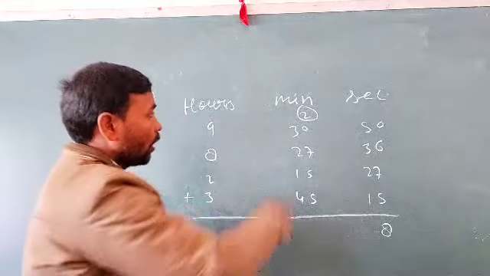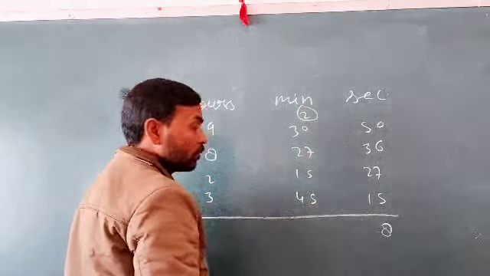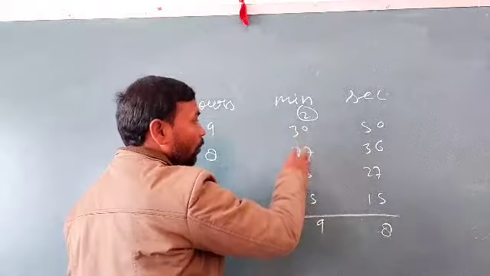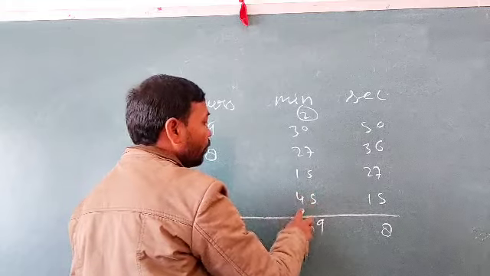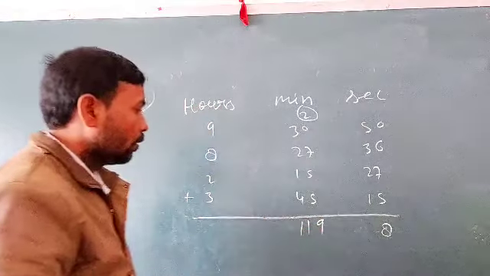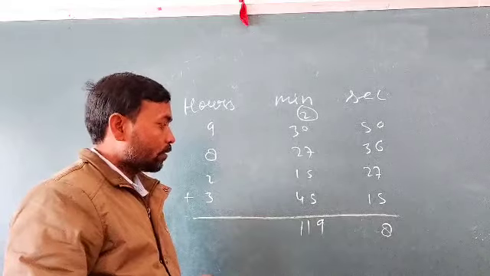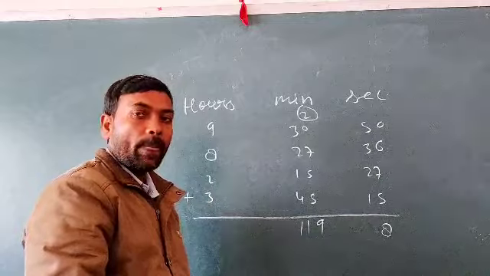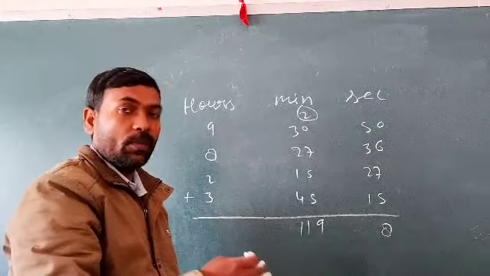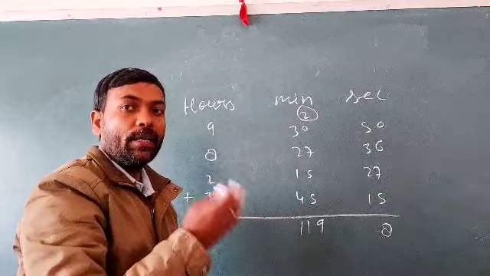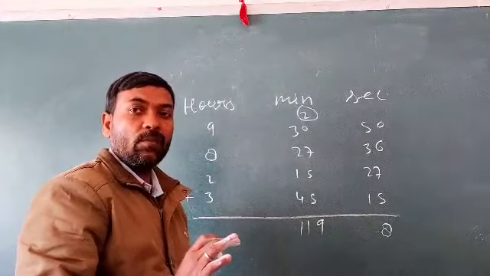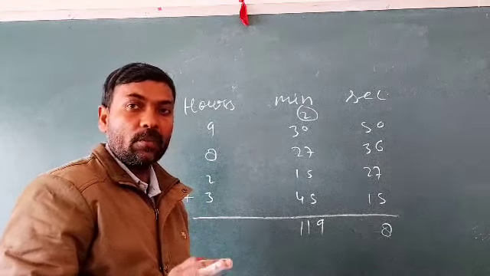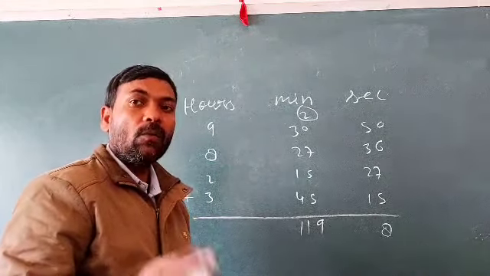Now adding 7 and 2, 9. 9 and 10, 19, 1 carry. 3 and 1, 4 and 2, 6 and 1, 7 and 4, 11. 119 minutes. And since it is more than 60, it will convert into hours by dividing by 60, because 60 minutes make 1 hour.